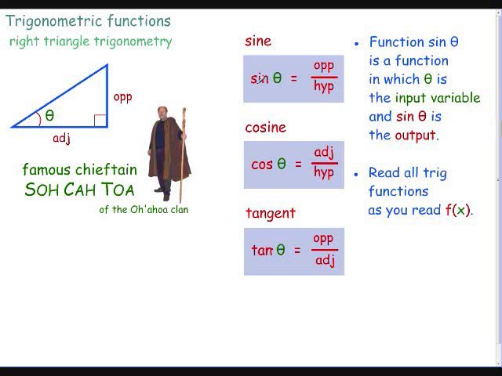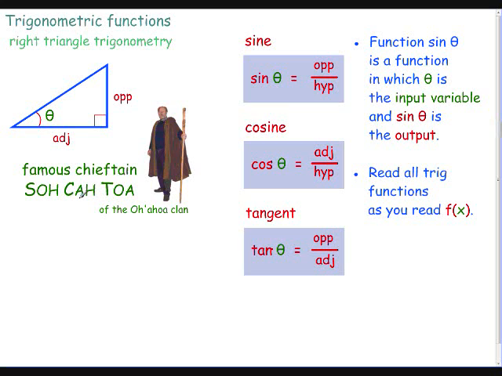So we say sine of theta equals opposite divided by hypotenuse. Sine of theta is opposite divided by hypotenuse. So cosine of theta is the length of the adjacent side divided by the hypotenuse.